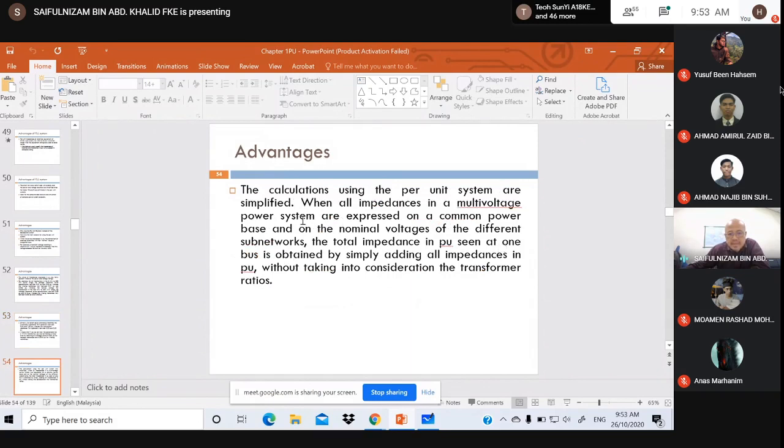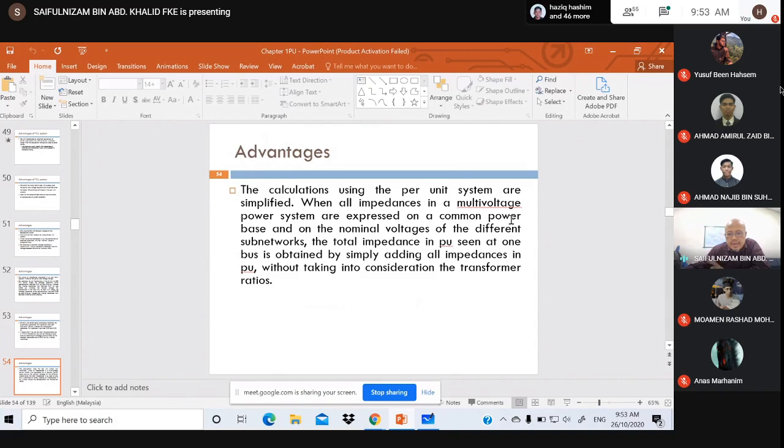Okay, we can summarize that the per unit value simplifies the calculation when all impedances in a multi-level voltage network are expressed on a common power base.